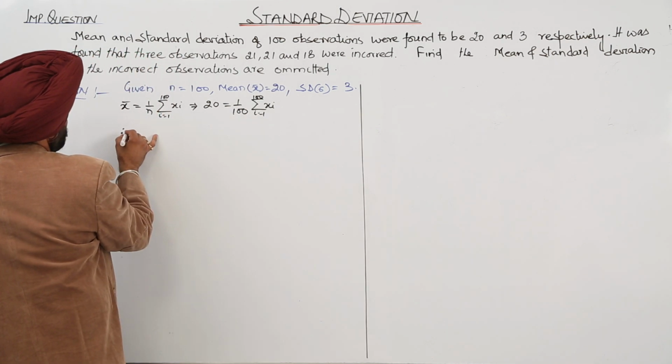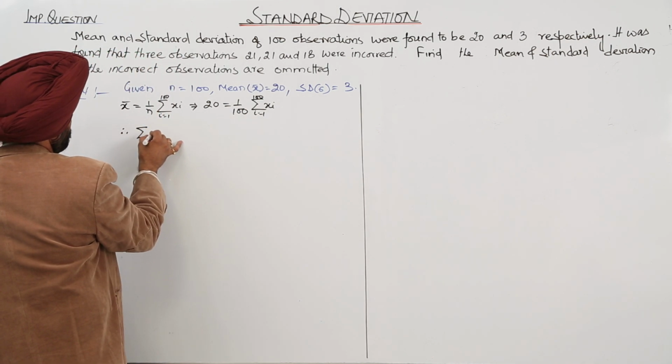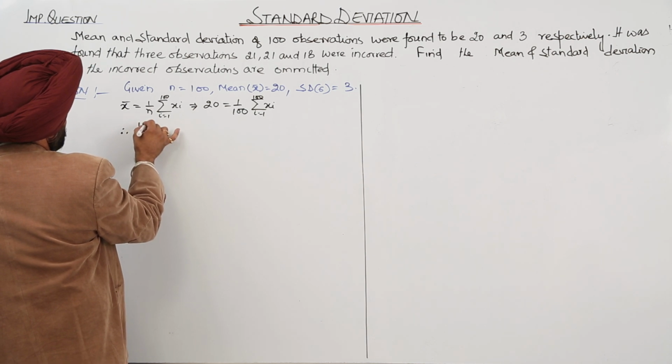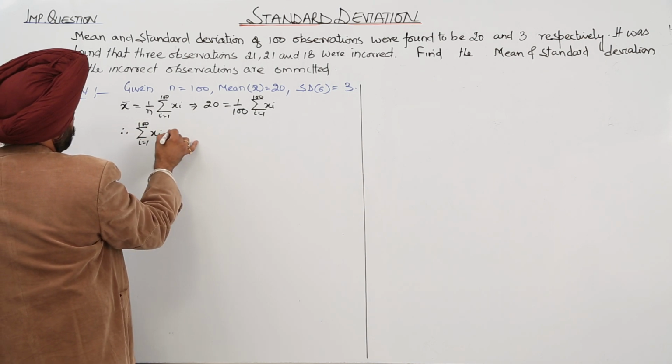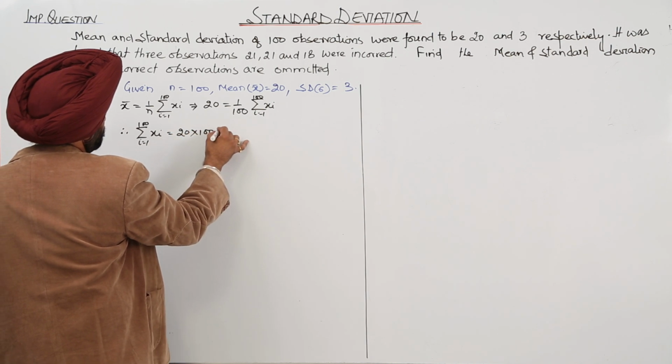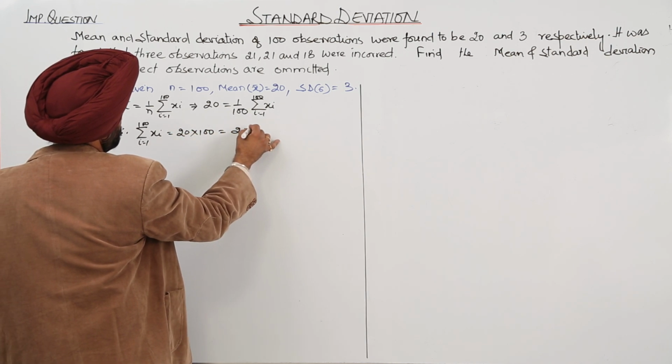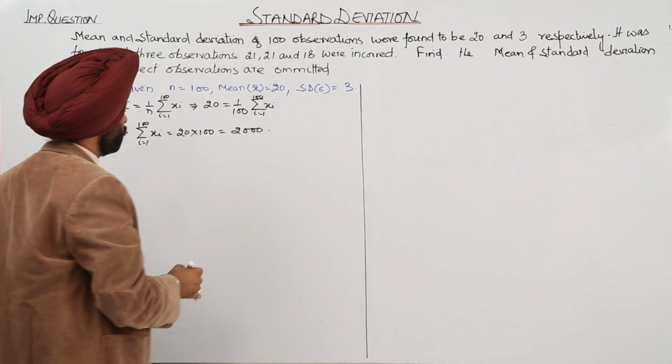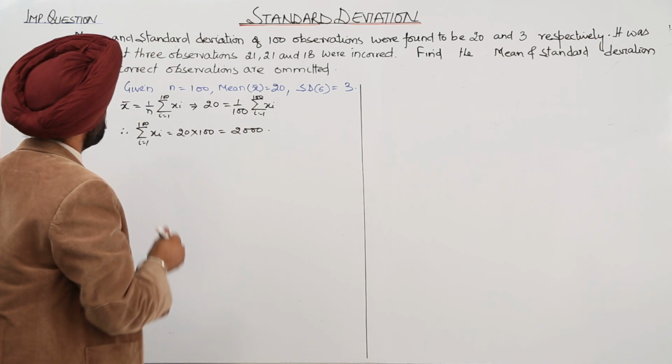Therefore the summation is equal to 20 times 100, this is 2000.